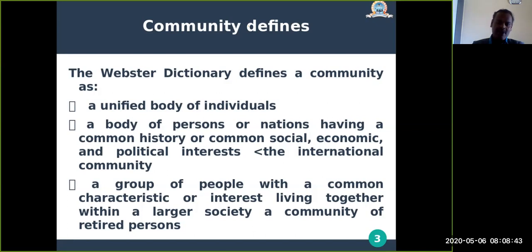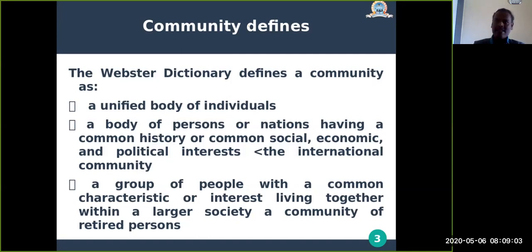In another way, a community is a body of persons or nations having a common history or common socio-economic and political interest. For example, Indians who are living in Zambia are considered an Indian community living in Zambia.